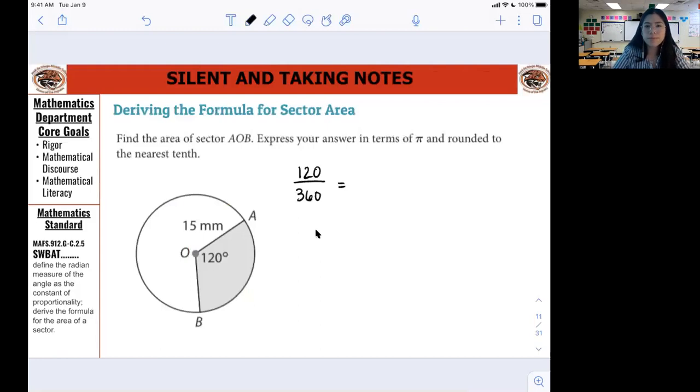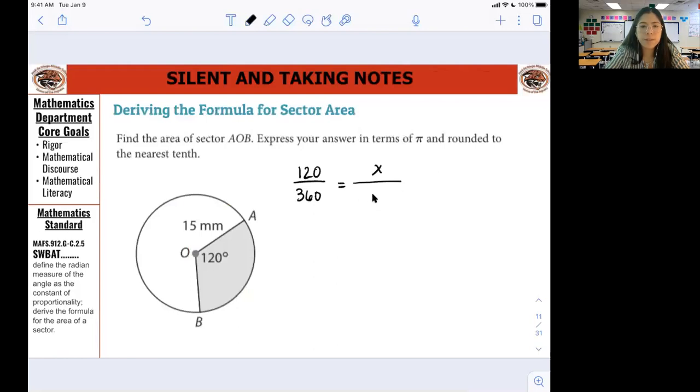Equals. So 120 over 360, and another fraction this time, we're using our proportion. Okay, so x over, hold on, we're not there yet, Daniel.